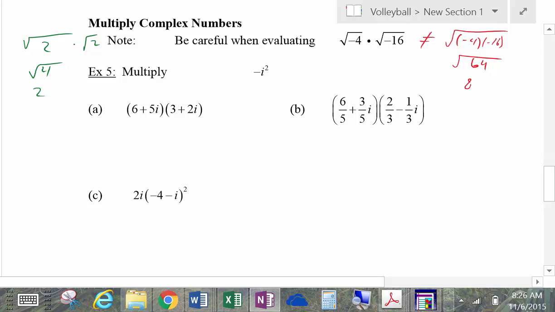So what do you get? 2i times 4i. So 2 times 4 is 8. i times i is i squared. And we all memorize what i squared is, right? Negative 1. So we actually get negative 8, not positive 8. So take out the i's first, and we work with those.